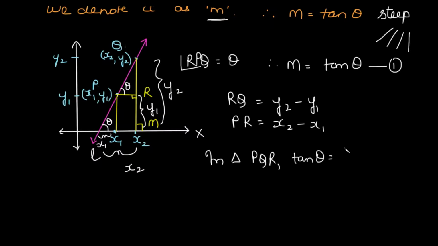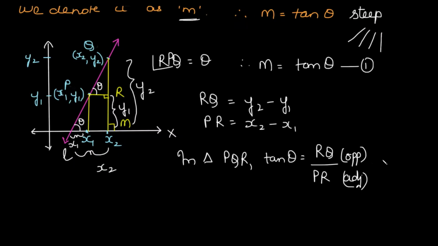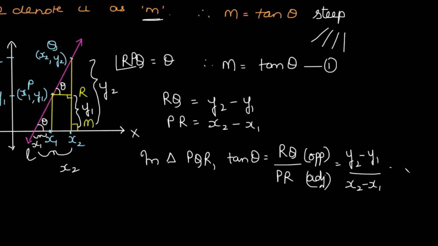That means RQ upon PR. We already know RQ is y2 minus y1, and PR is x2 minus x1. Suppose this is our second statement.